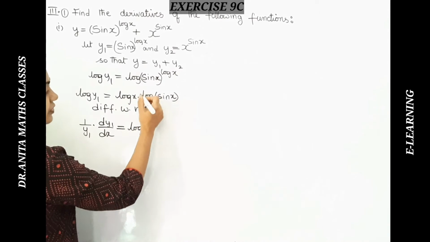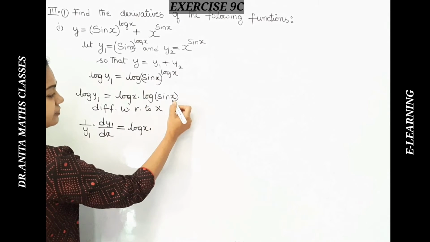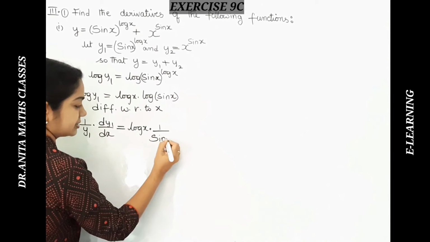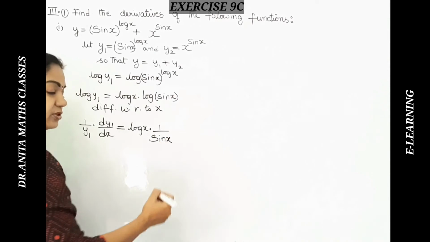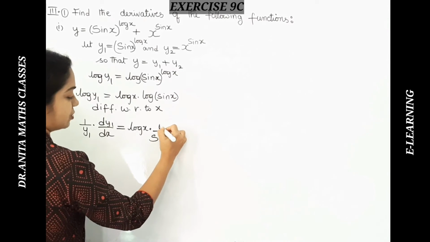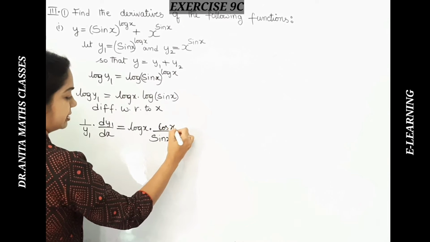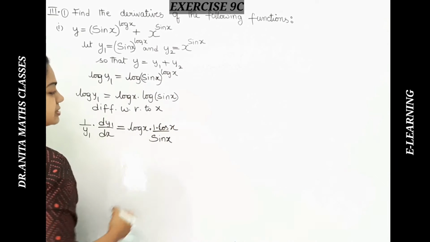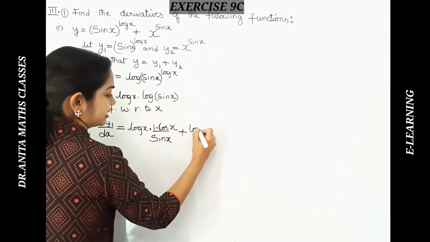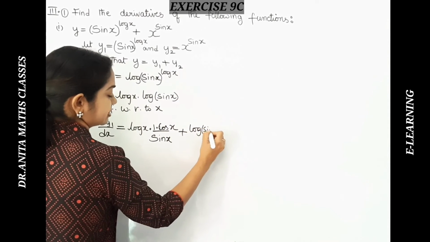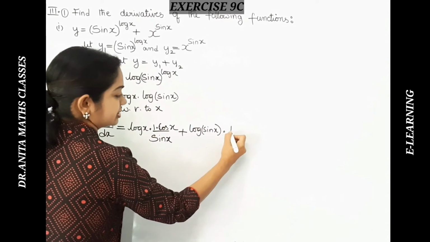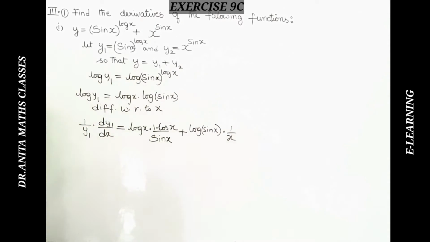So u v dash is log of sin x differentiation, that comes to 1 upon sin x, and again according to the chain rule we should differentiate sin x. Sin x differentiation is cos x, so let me write here 1 into cos x, okay, plus, now we will keep v as it is, log of sin x, then we will differentiate u log x, that is 1 upon x simply, right?